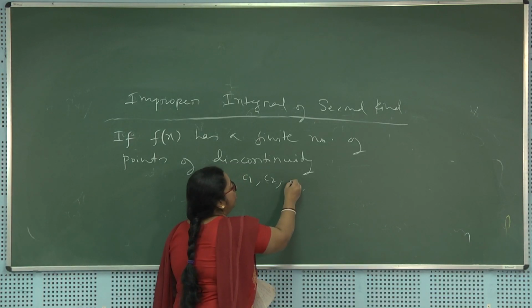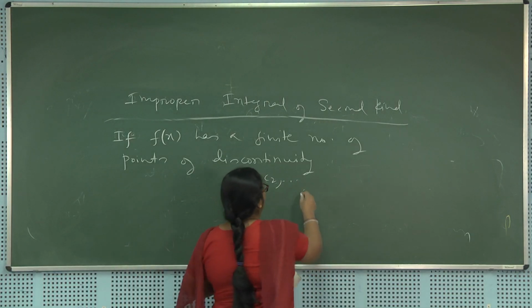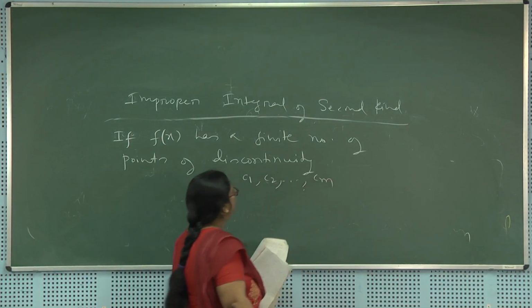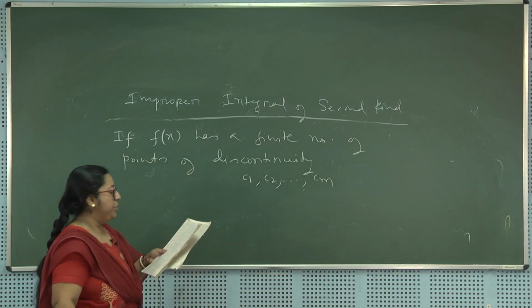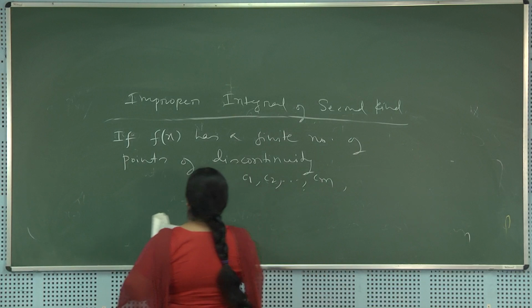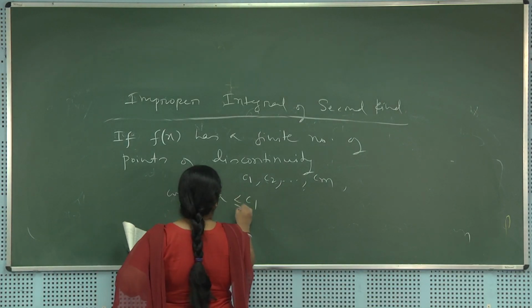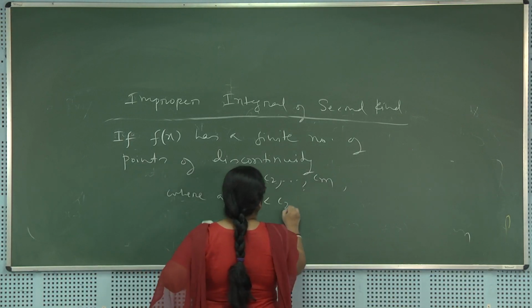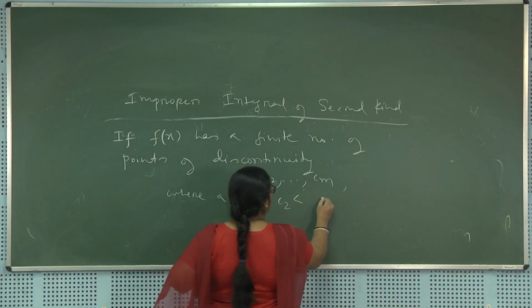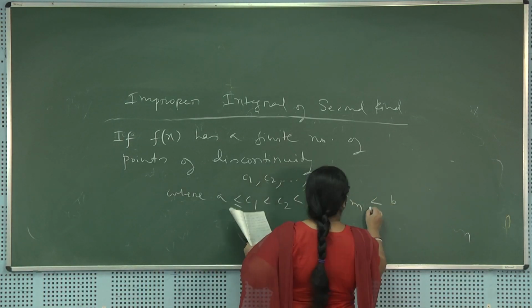So, 3 dots will show there are many points up to Cn. So, suppose your function has a finite number of discontinuities, say C1, C2 up to Cm, where all are interior points, where a is less than or equal to C1, less than C2, less than C3, 3 dots, Cm less than or equal to b.